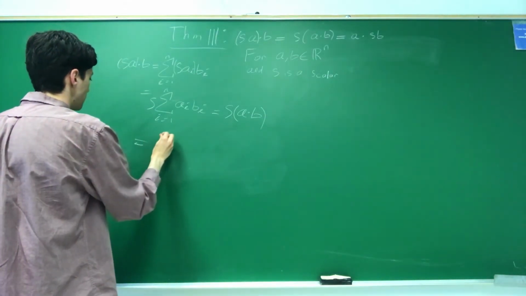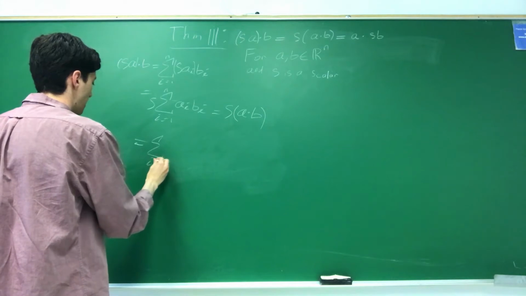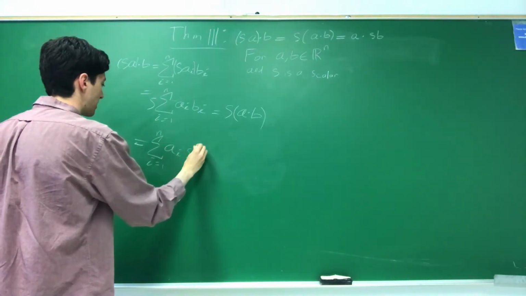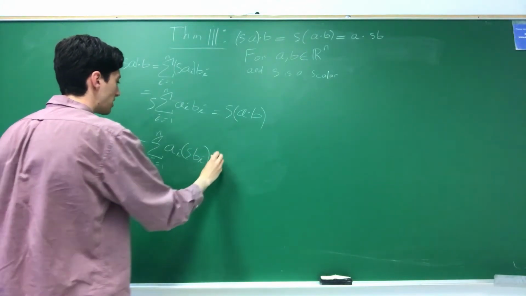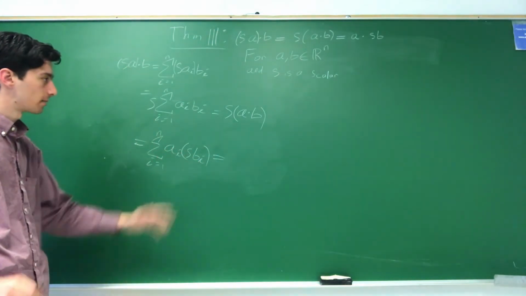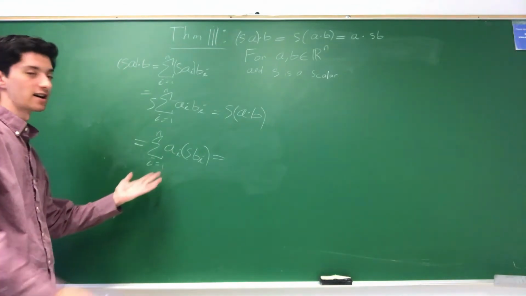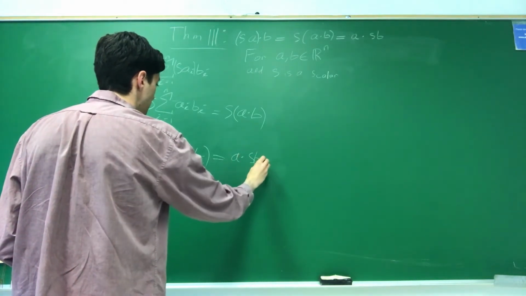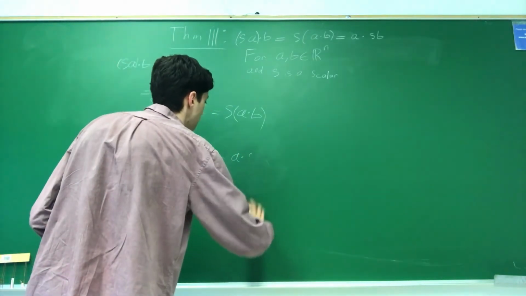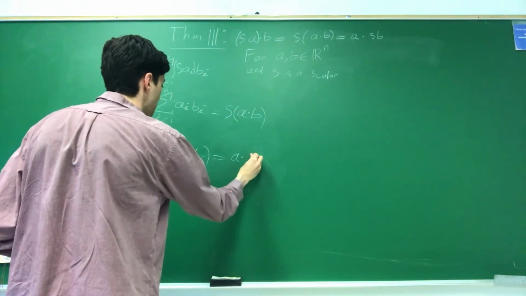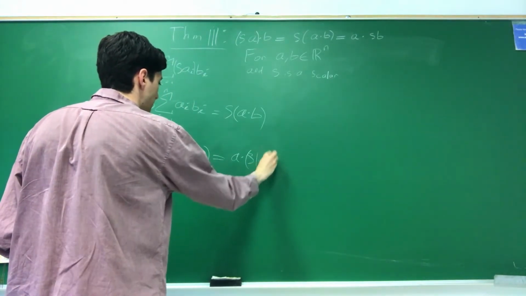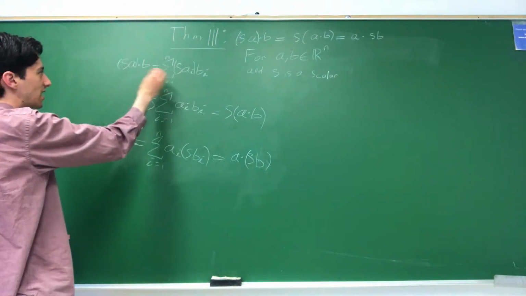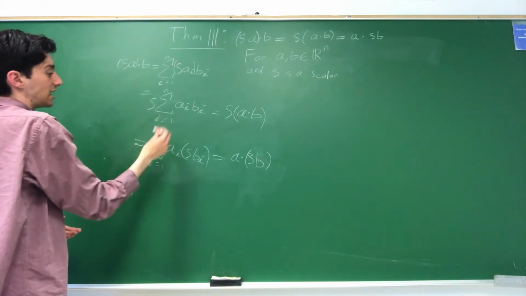So similarly, this is going to be equal to the sum as i goes from 1 to n of a_i times (s b_i), and by definition, this will be A dotted with sB. For similar reasons, we see the symmetry: this is going to be (sA) dot B, and this will be A dot (sB).